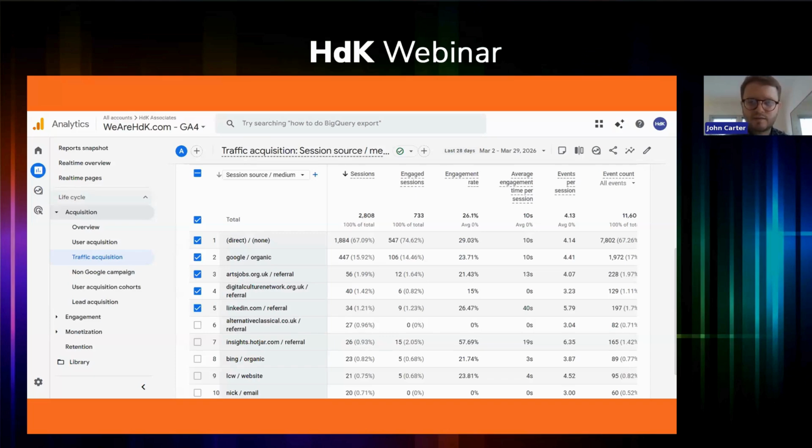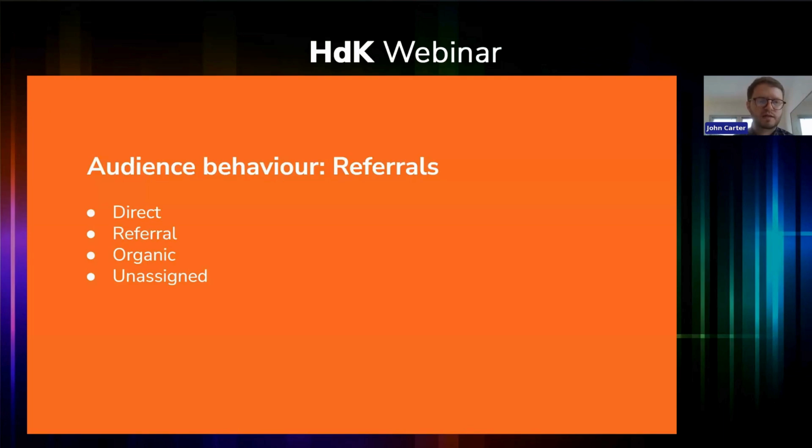On the next slide, we've got some of those terms, which are direct, referral, organic, and unassigned. You'll see these come up a lot in referral reports. Direct used to mean people who are directly inputting a URL into their browser, but it now covers basically a range of sources that Google can't see directly. So that's why it often is showing up as number one.